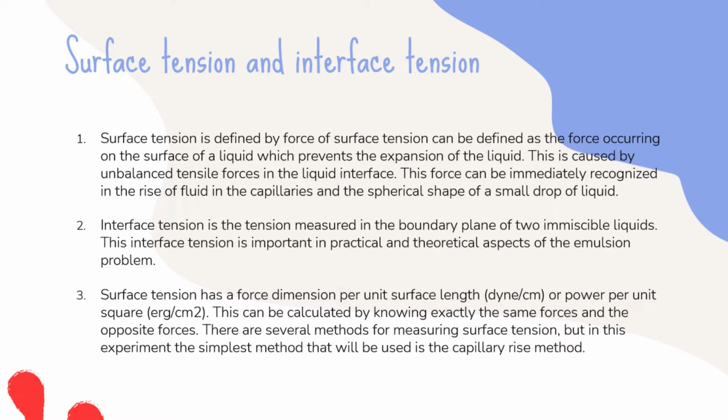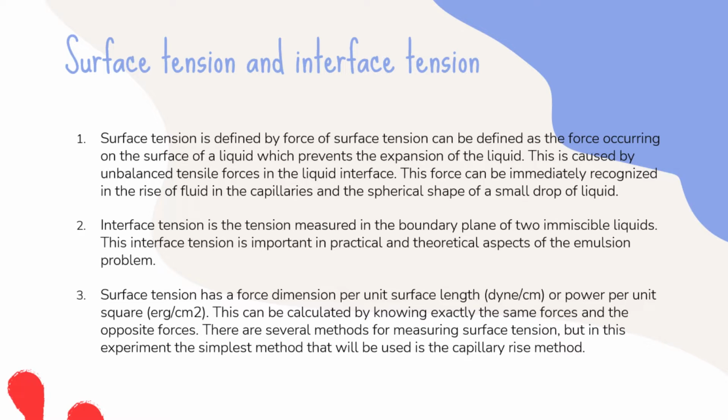This force can be immediately recognized in the rise of fluid in capillaries and the spherical shape of a small drop of liquid. The second is interface tension. Interface tension is measured in the boundary plane of two immiscible liquids. This interface tension is important in practical and theoretical aspects of the emulsion problem.